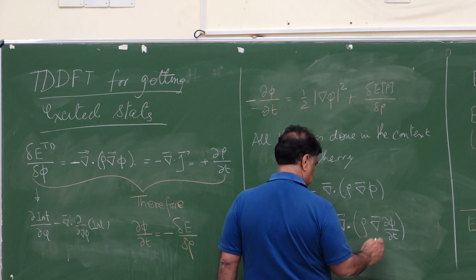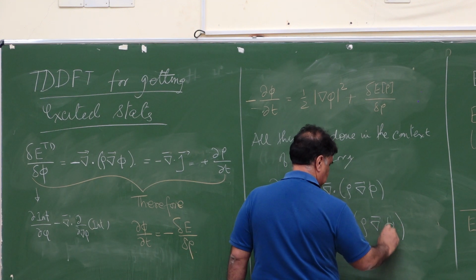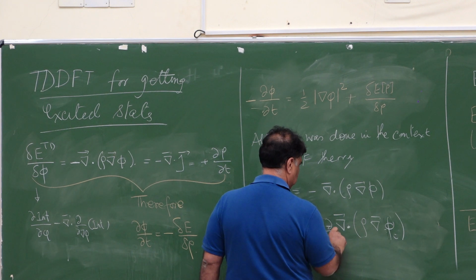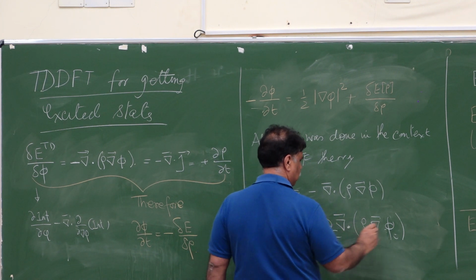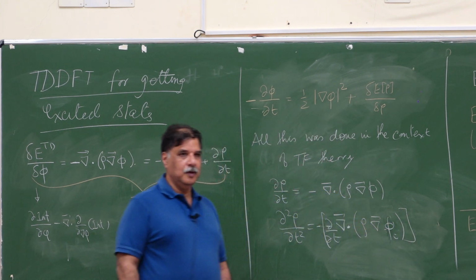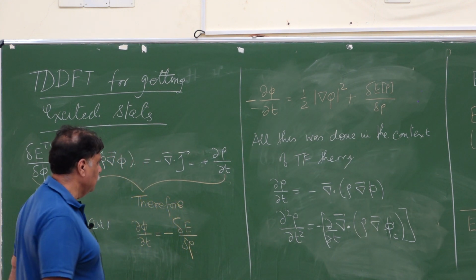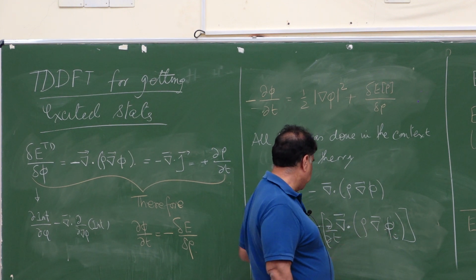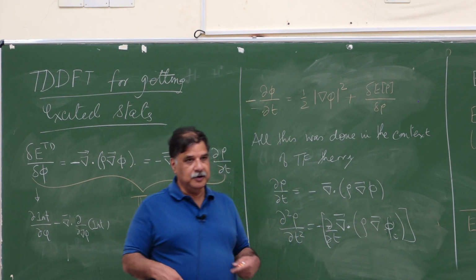Well, I mean, this right here. Okay, so I've got an equation for rho in terms of this, and then d phi by dt I can write in terms of again rho. So I've got an equation for rho.